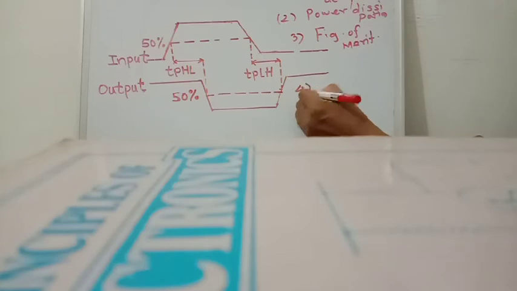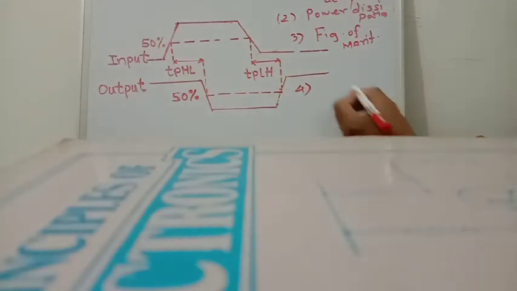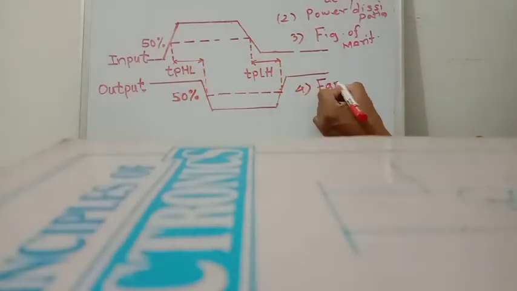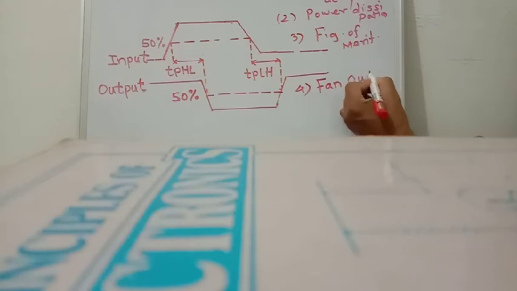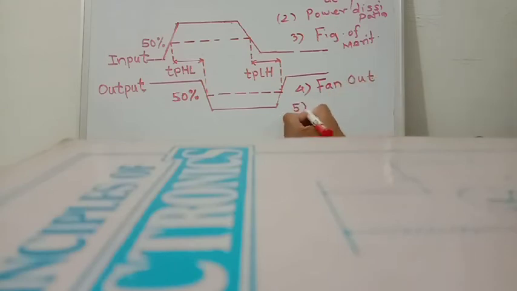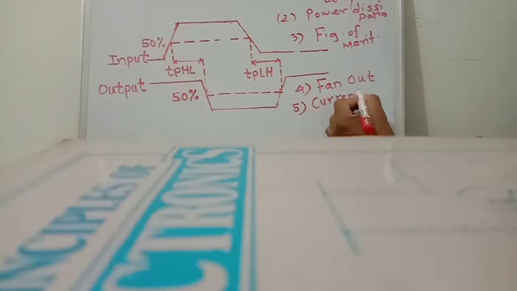Then fourth, fan out. Then fifth, current and voltage parameters. Then sixth, noise margin.